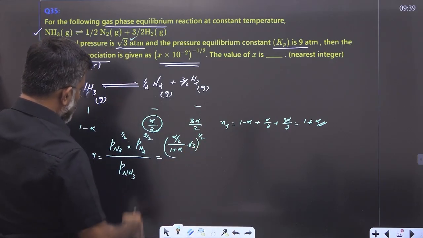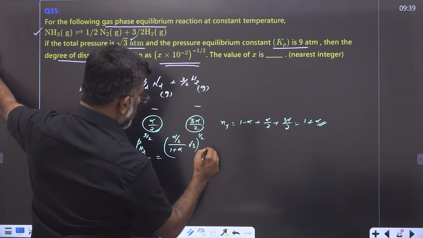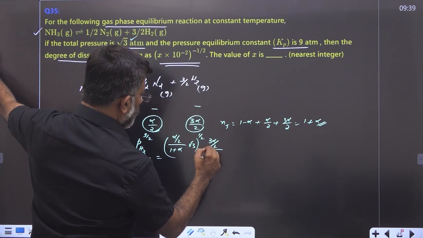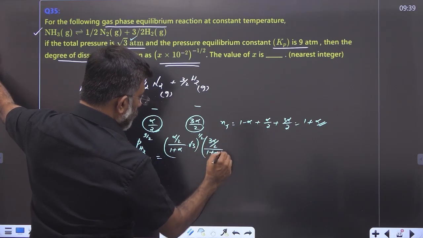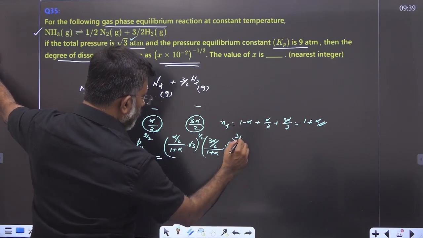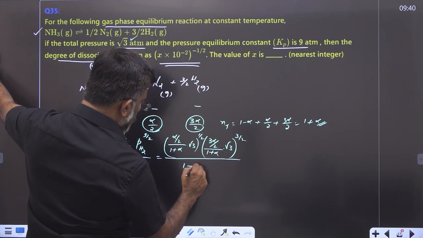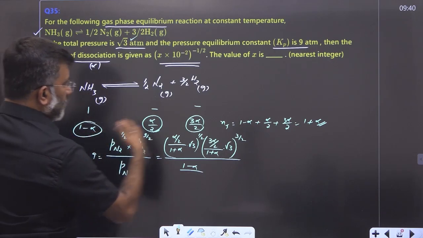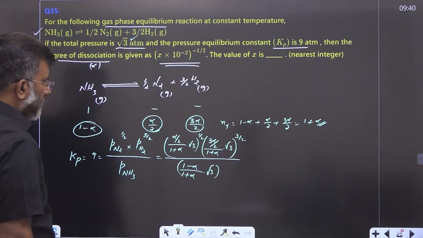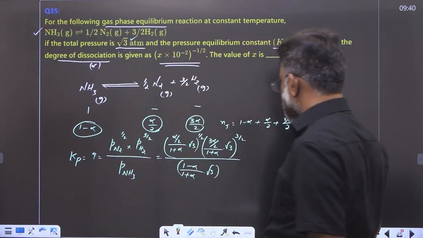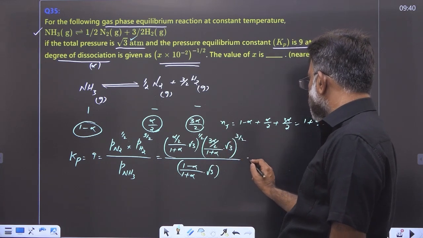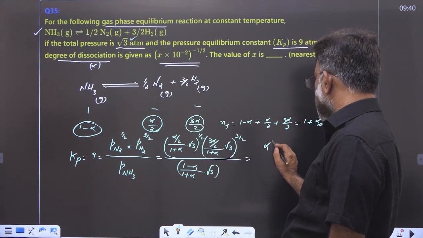Next, pressure of hydrogen, that will be 3 alpha by 2 divided by 1 plus alpha into root 3, raised to 3 by 2. Divided by 1 minus alpha by 1 plus alpha into root 3. This is the substitution. Now alpha raised to half, alpha raised to 3 by 2, that will be alpha square.